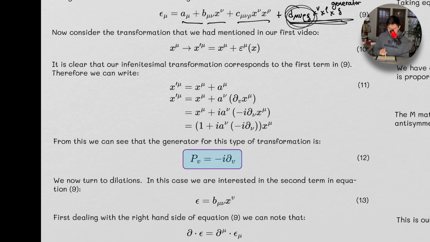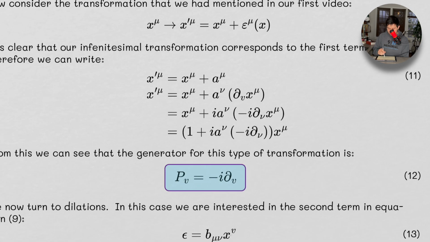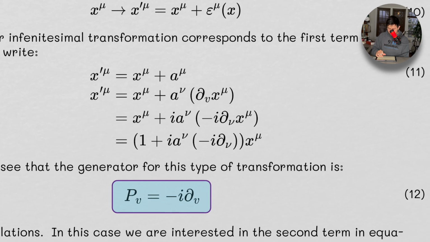But now, through this relationship, d mu nu equals d mu x nu.